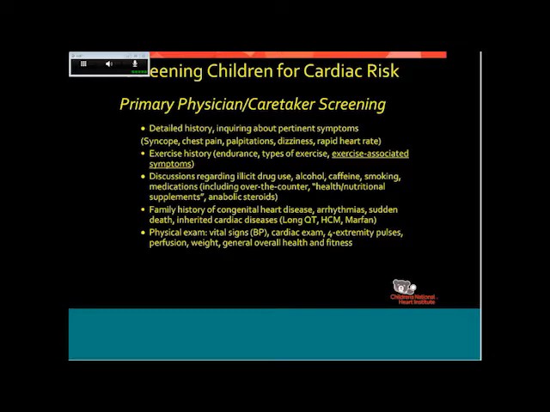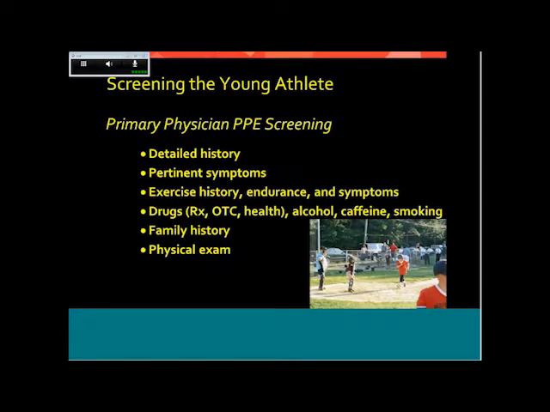I put a small font with lots of words up here really to highlight the fact that there's lots that needs to be done, but to distill it into bullet points: history, looking for pertinent symptoms, particularly symptoms during exercise. We see so many children with sharp chest pains that's not concerning, or palpitations that aren't that concerning, but if it happens with exercise, we worry more.